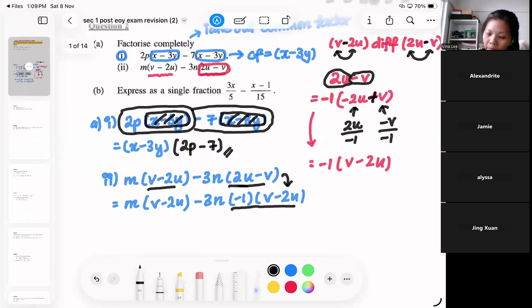I'm hoping you can see that because of doing that, I got the same bracket. Negative and negative becomes a plus.